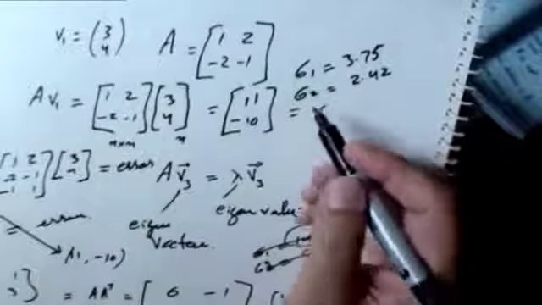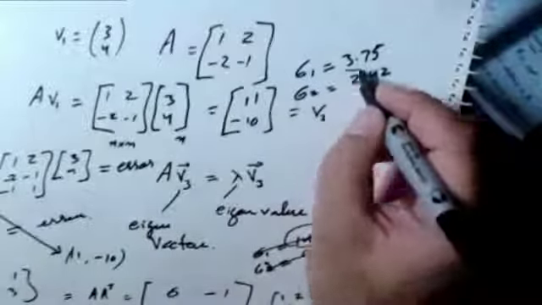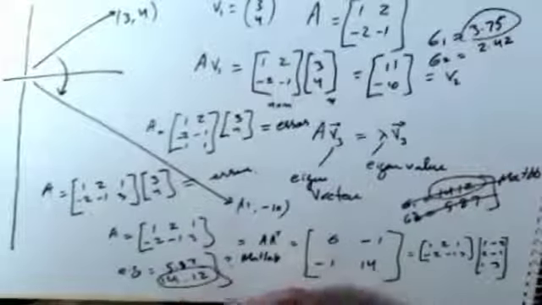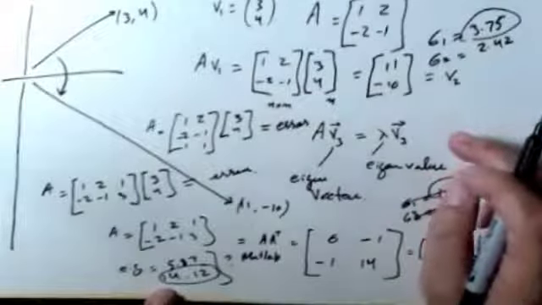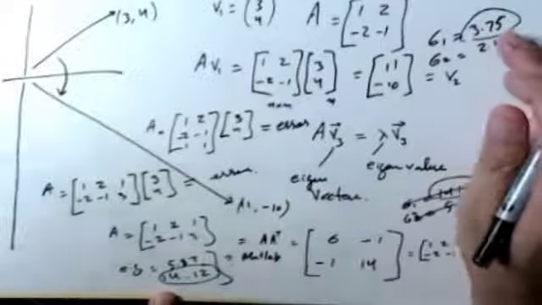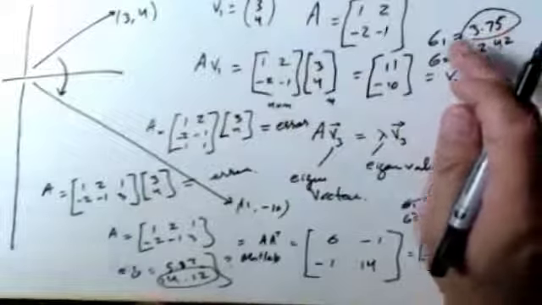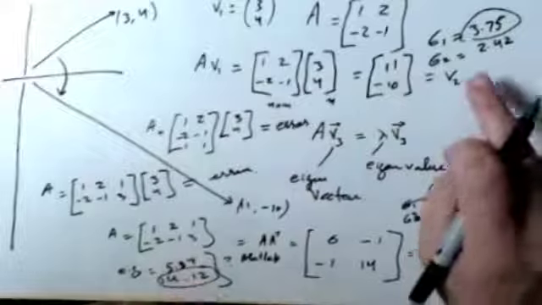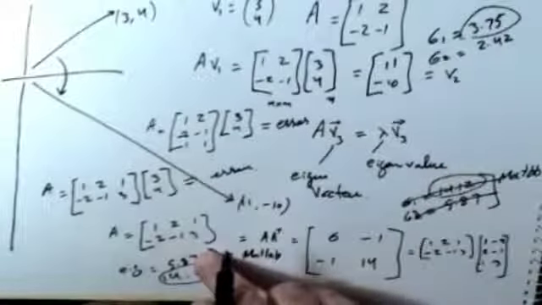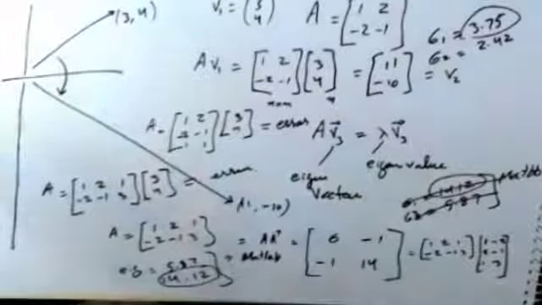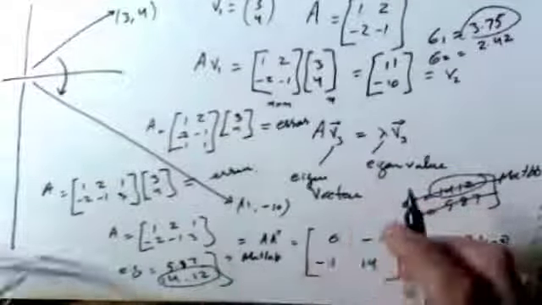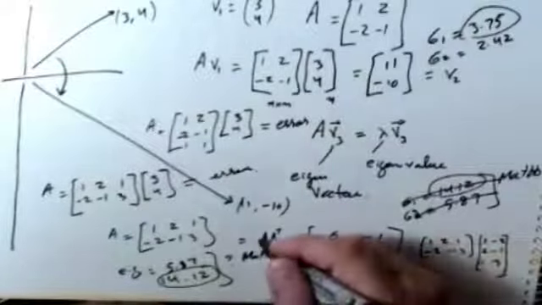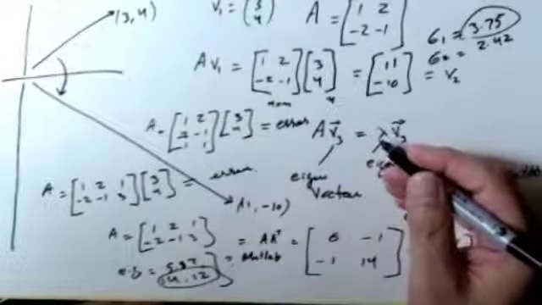Now, if you look at this value over here, and you look at this value over here, you'll see that this value is actually the square of this value. So when you square sigma 1, you get this value. Similarly, when you square sigma 2, you get 5.87. So there is a link between the singular values of A and the eigenvalues.